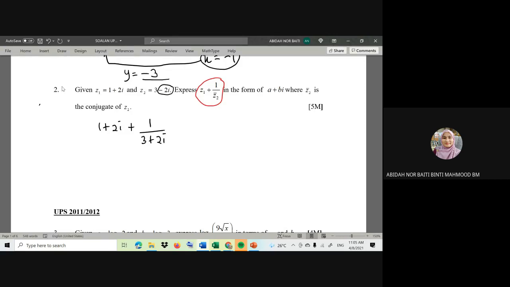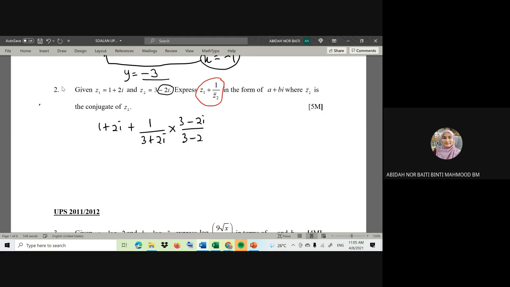Okay, conjugate of Z2. And then, how to solve this question? We multiply. Darabkan dulu. Yes, we multiply the second term with conjugate of the denominator. So your conjugate of the denominator is 3 minus 2i.